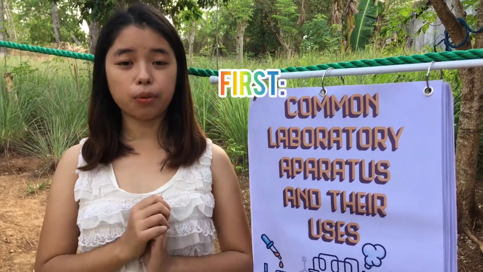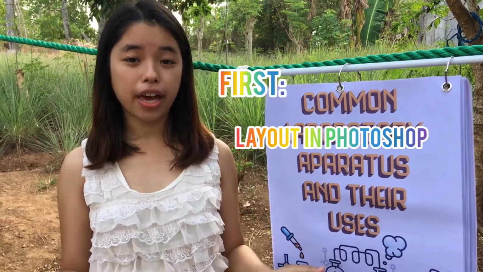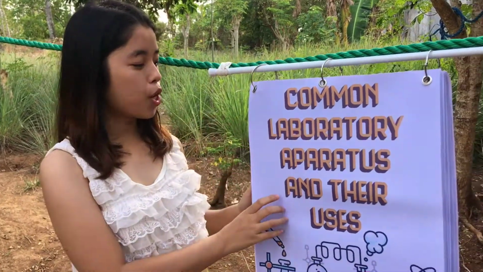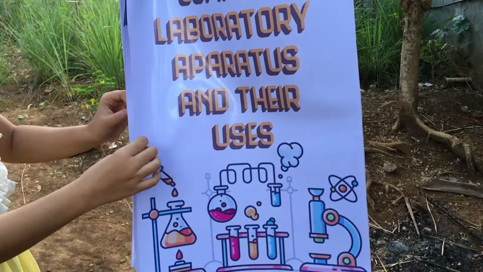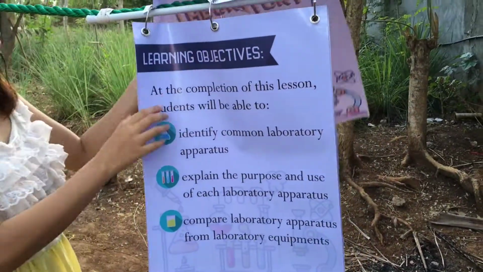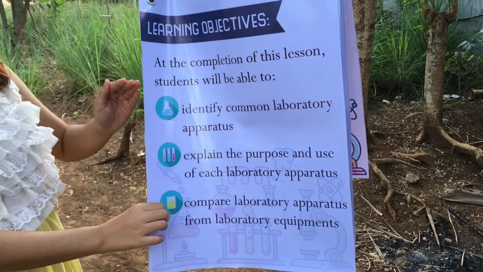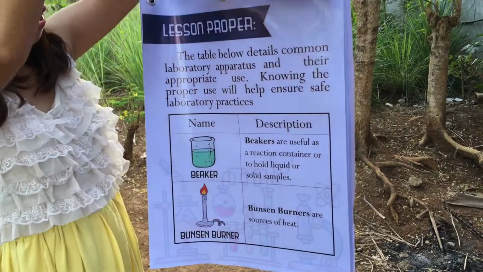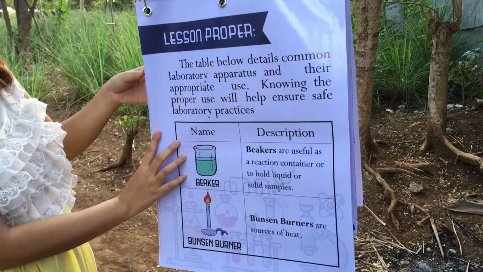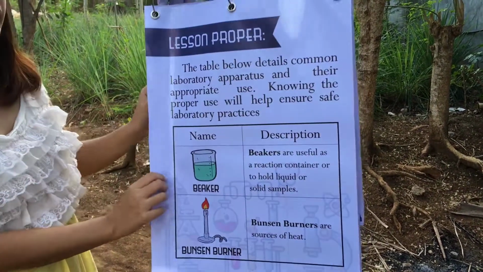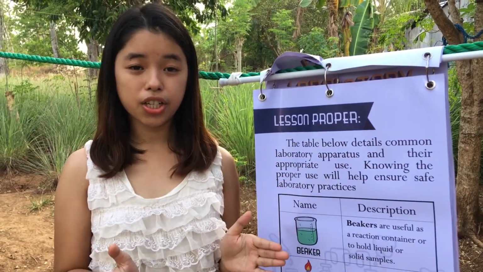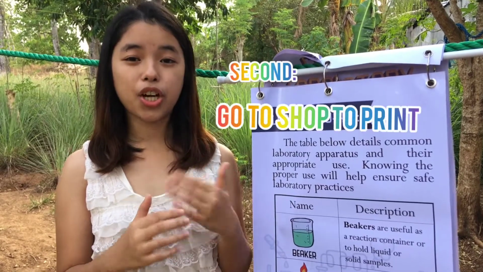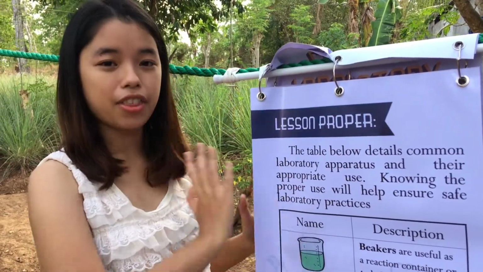So the first thing that we did was to lay out everything in Photoshop. This flipchart is a 10-page chart, and all the information is laid out in Photoshop. Just like that. And then, once the layout is finished, we proceed to the shop to print everything.